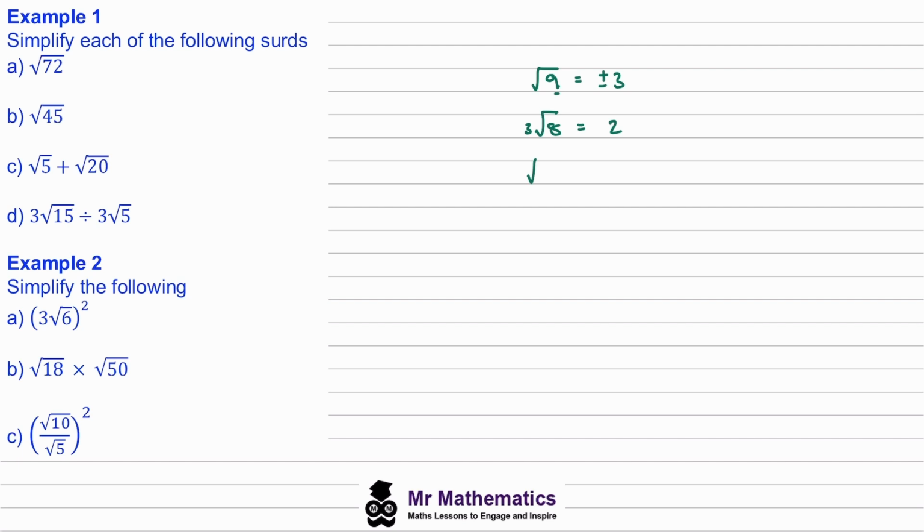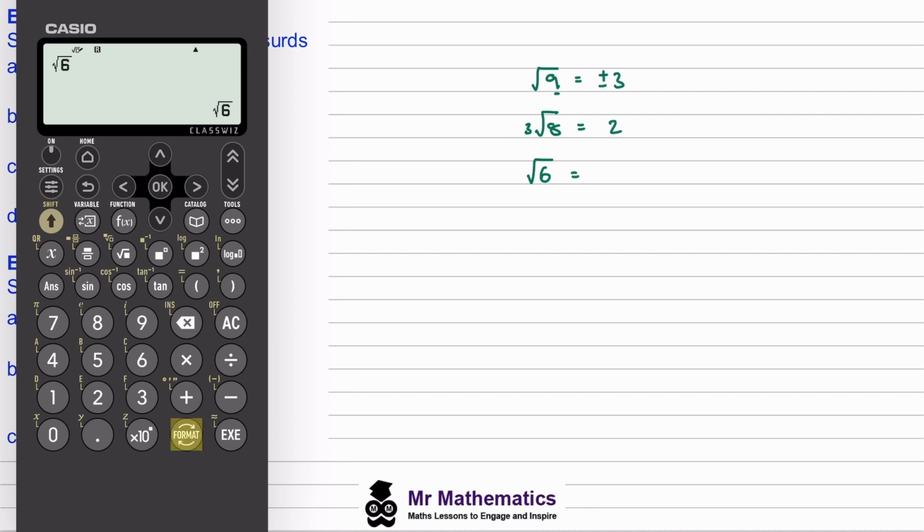But if we took the square root of a number which wasn't square, for instance, root 6, well, this is called a surd, because if you were to work this out on a calculator, then we can see that root 6 as a decimal doesn't terminate, and the digits also never repeat.